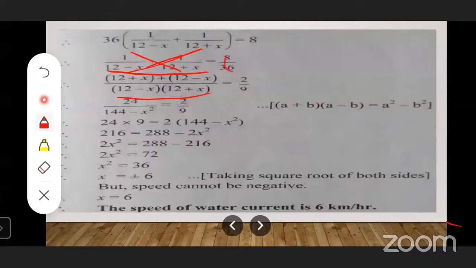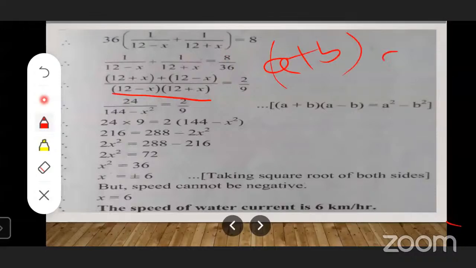When you do 8 divided by 36, what are you going to get? Yes, 2 nines are 2 divided by 9, right? Okay, now let us concentrate on the next line. Here you can use this formula, a plus b into a minus b.